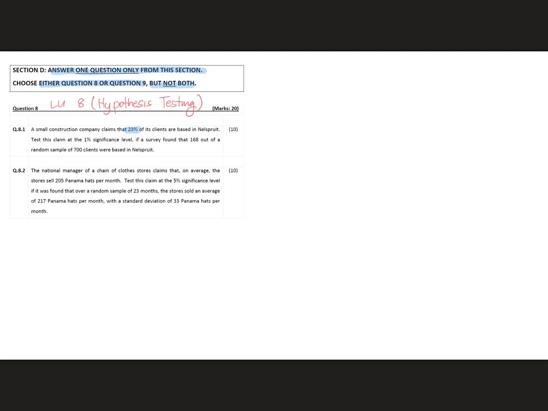The fact that they didn't use any of those other words like less than, more than, at least, at most, and so on, they just said 23%, means that it is a two-tail test. So I'm actually going to write that out as well, just to show you that we know what we're working with immediately from that sentence.